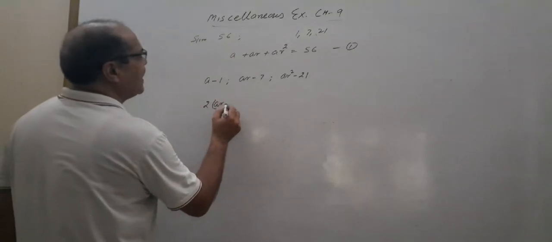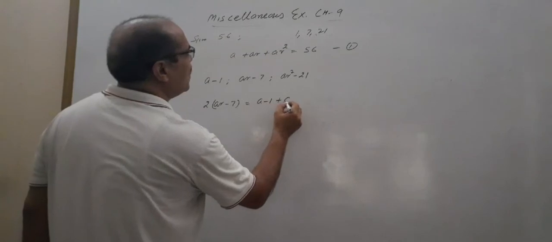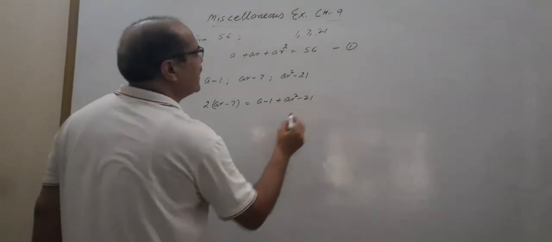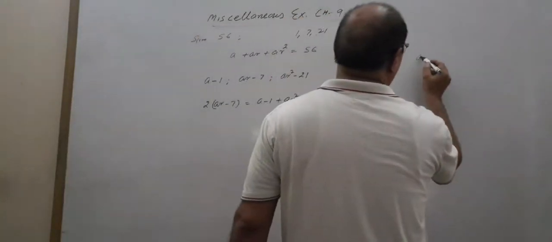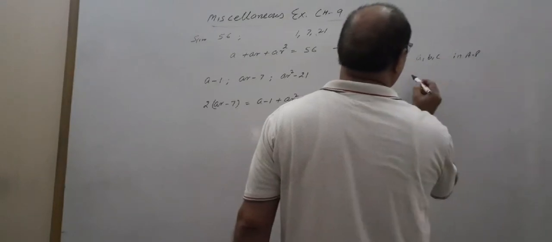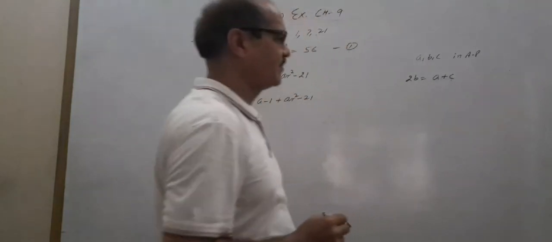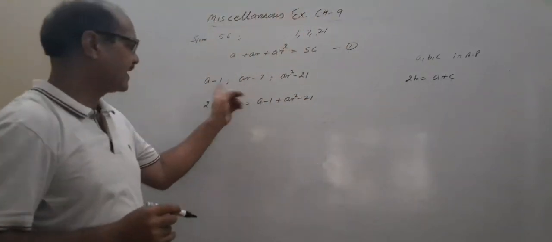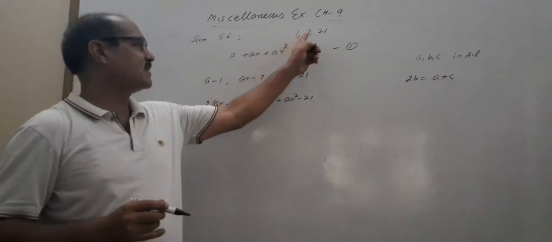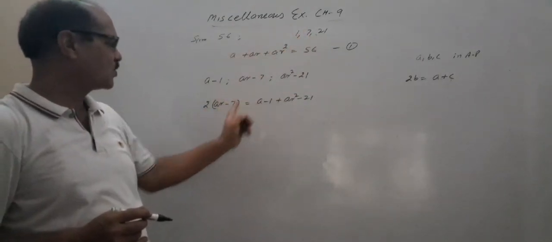So twice AR minus 7 is equal to the sum of the terms A minus 1 plus AR square minus 21. As you know, if three numbers A, B, C are in AP, that means twice the middle one is equal to the sum of the other two. So therefore, twice of this.